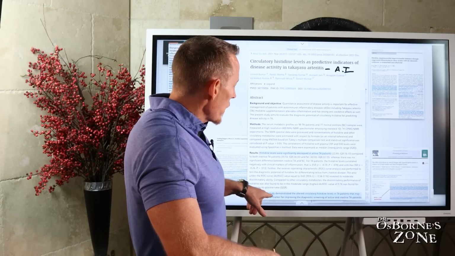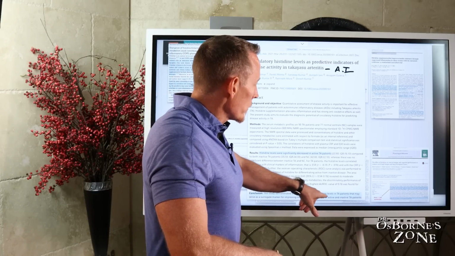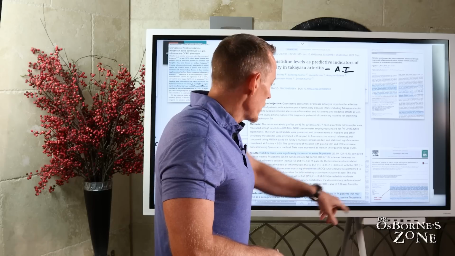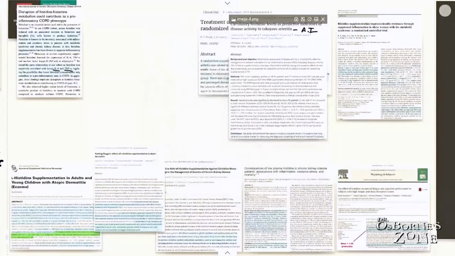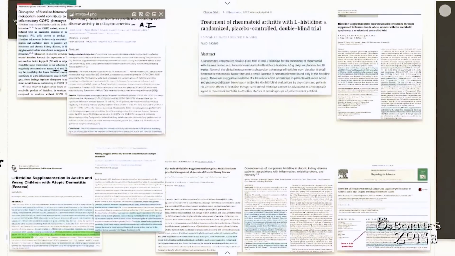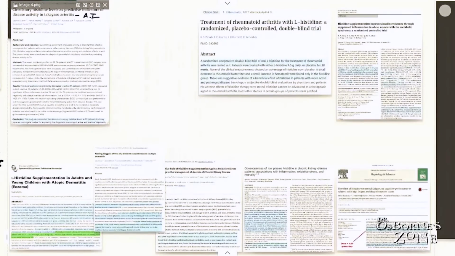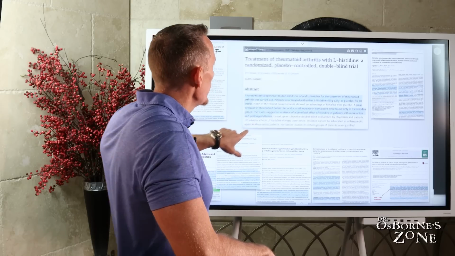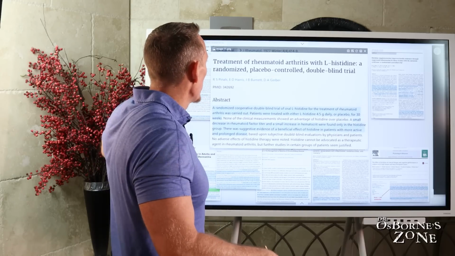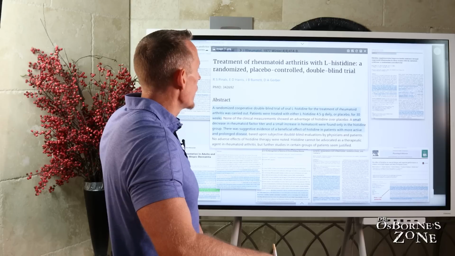The conclusion of this study demonstrated that altered circulatory histidine levels in TA patients may serve as a surrogate marker for improving the diagnostic screening of active and inactive patients. So they're actually studying histidine because it's known to reduce inflammatory chemicals like interleukin-6 and TNF-alpha, as an indicator for the therapeutic situation around people with that disease, whether their disease is active or not.